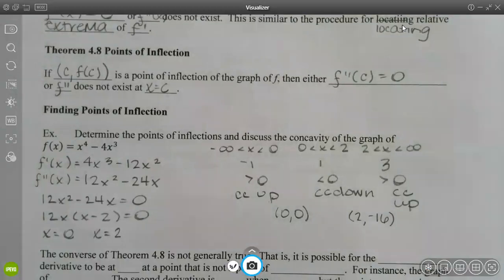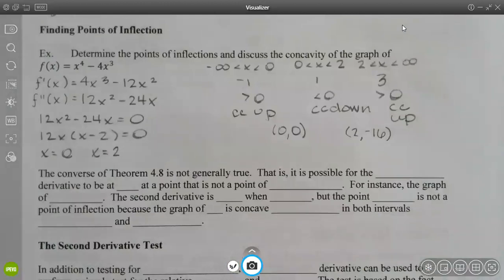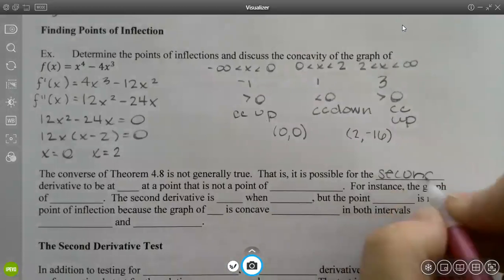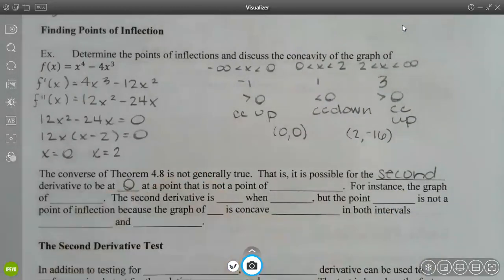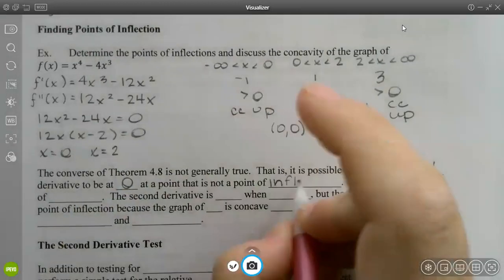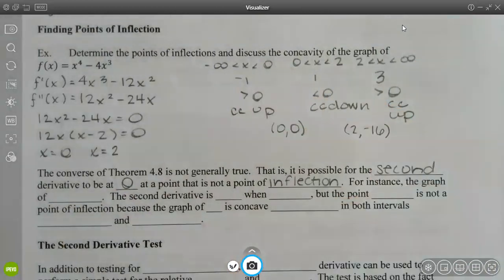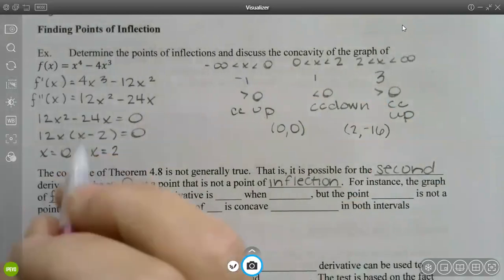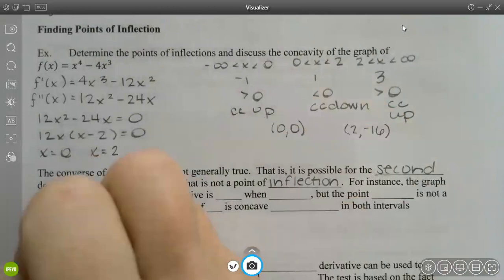The converse of theorem 4.8 is not generally true. That is, it is possible for the second derivative to be 0 at a point that is not a point of inflection. For instance, the graph of f of x equals, I don't know if this is x to the 4th or x squared, doesn't matter.